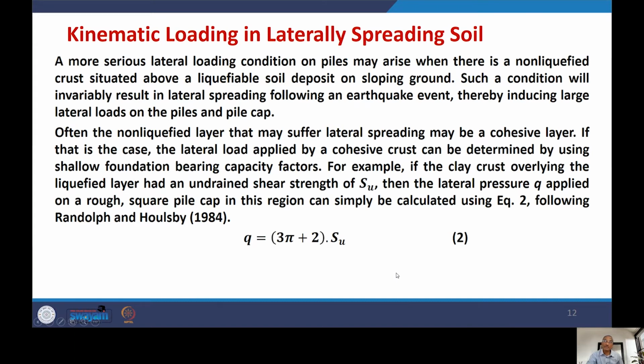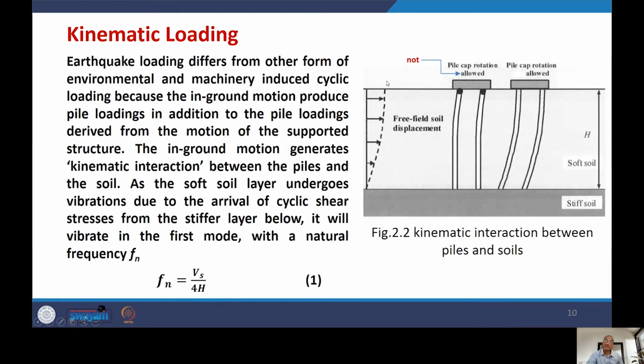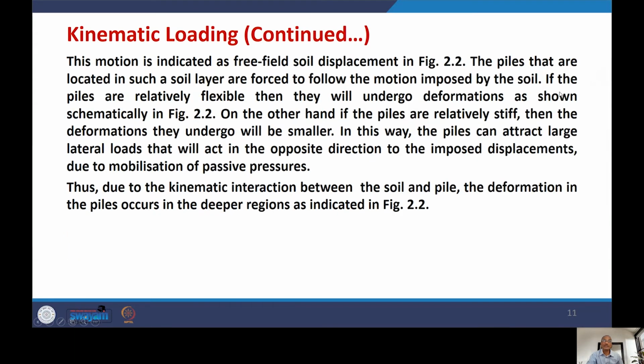So simply, what is the case here? Suppose you have stiff soil, then soft soil. On the top of the soft soil, you have a soil layer which is non-liquefiable, what is called a crust.